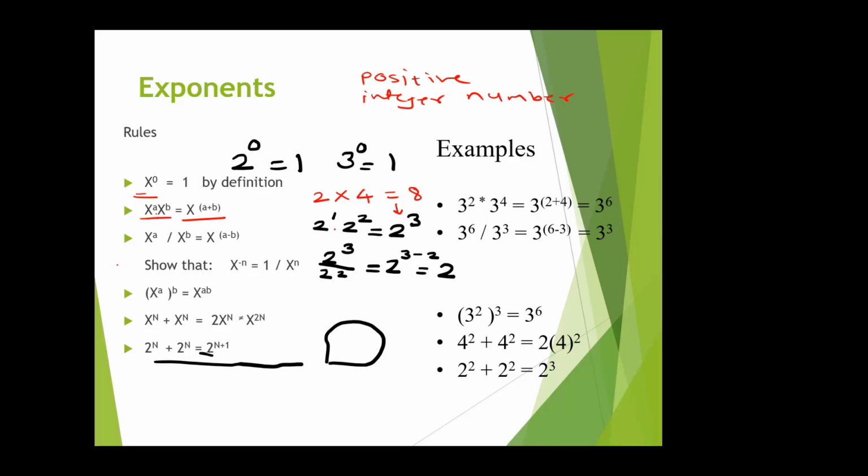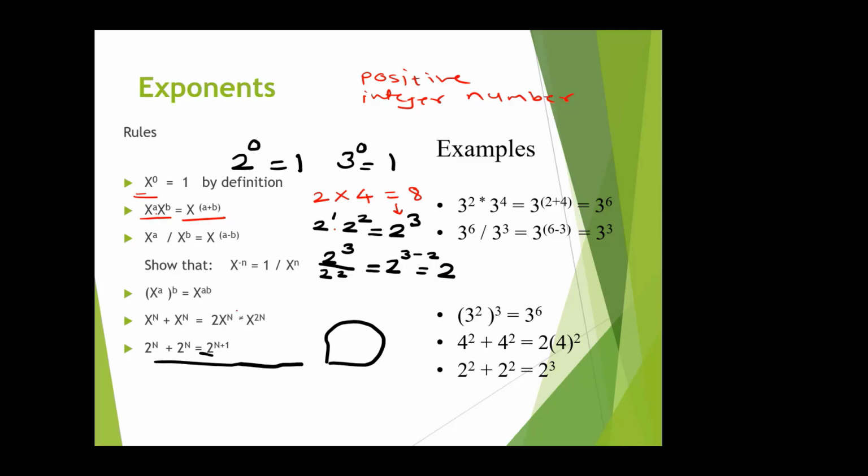Now if there is a division, x raised to a divided by x raised to b, then we are going to subtract. Whatever is the exponent of the numerator minus the exponent of the denominator, x raised to a minus b. So here, 2 raised to 3 divided by 2 raised to 2, we use 2 raised to 3 minus 2, which is 2 raised to 1, equal to 2.